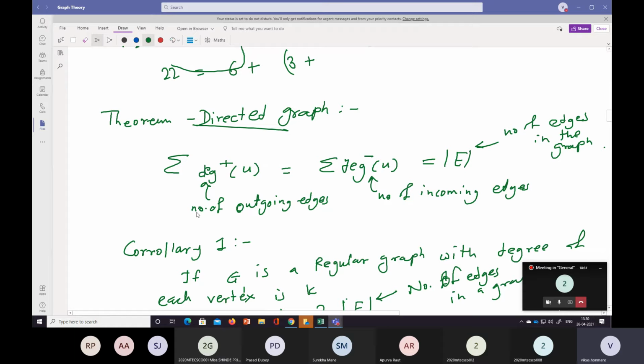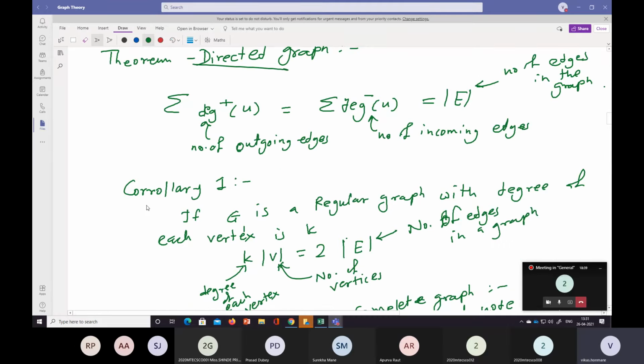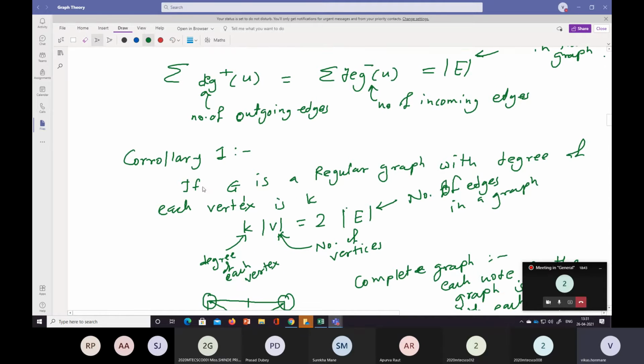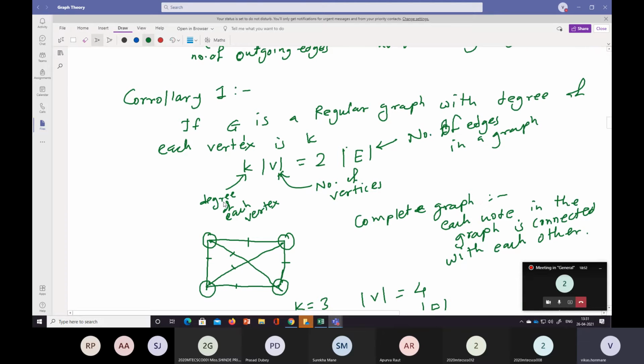Okay. So after proving the theorem and looking at the example related to the theorem, we'll see the corollary. Okay, so what is this corollary one? If G is a regular graph with degree of each vertex k. So what is a regular graph?